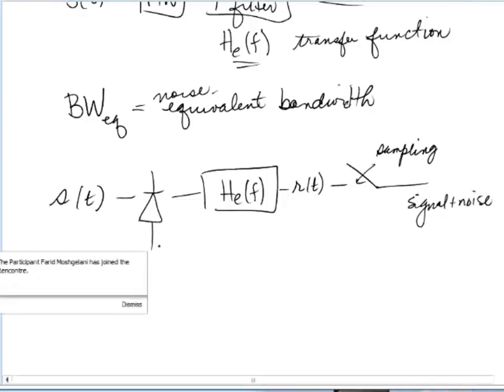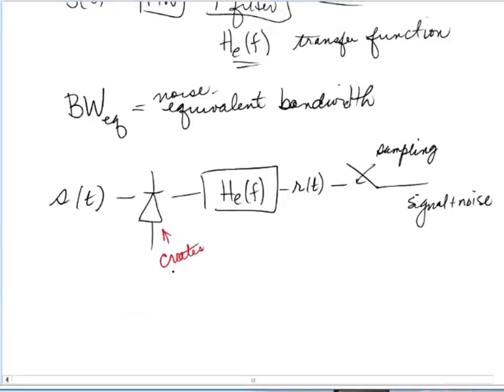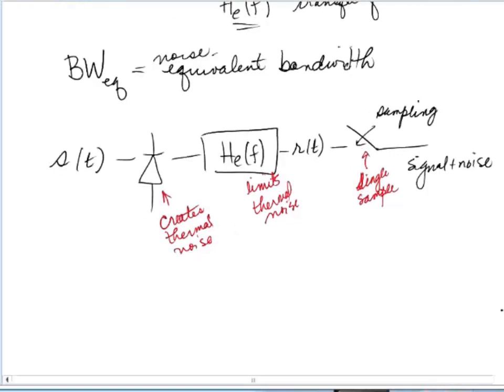So this PIN creates thermal noise. The electrical filter limits thermal noise. And now the sampler creates a digital sample, or a single sample, of the continuous time random process, which is additive white Gaussian noise.